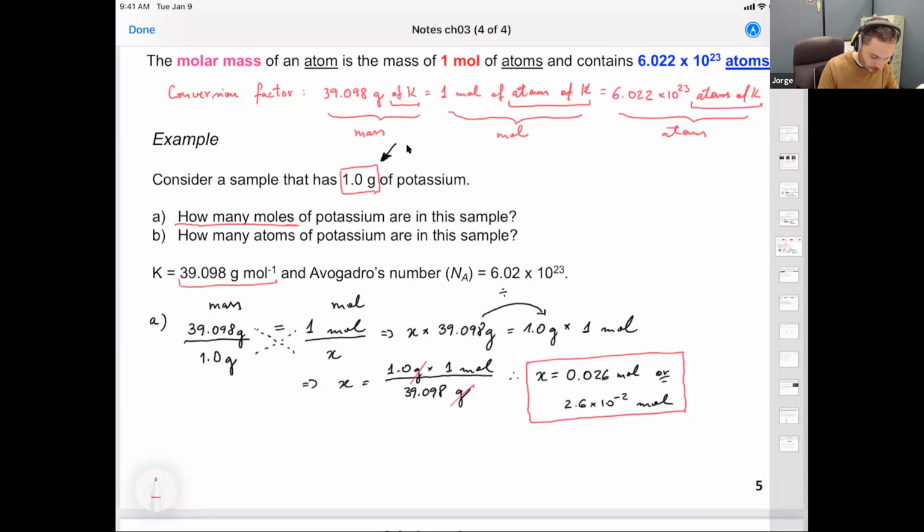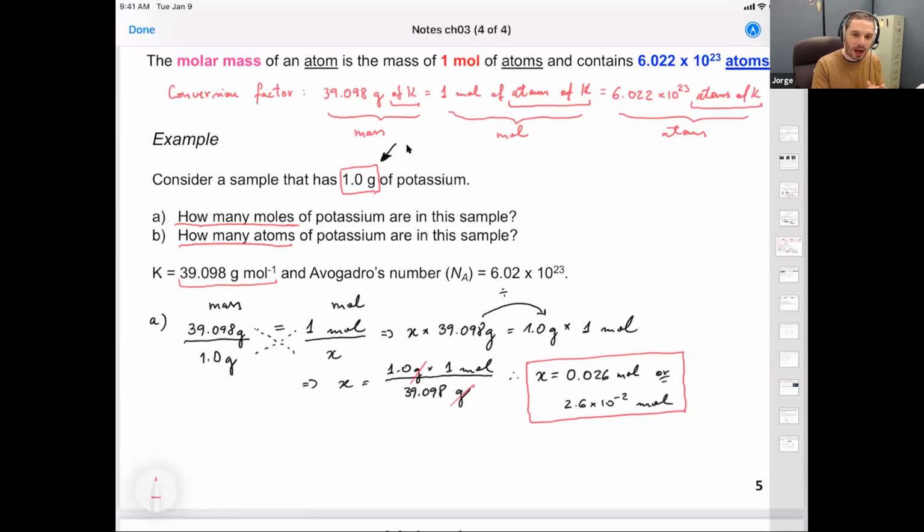Pay attention to the second part now, because now the question is asking you how many atoms. So now we are going to use the factors that correlate mass with atoms. Or one thing that you can also do, because you know the number of mole, is to correlate mole with atoms.